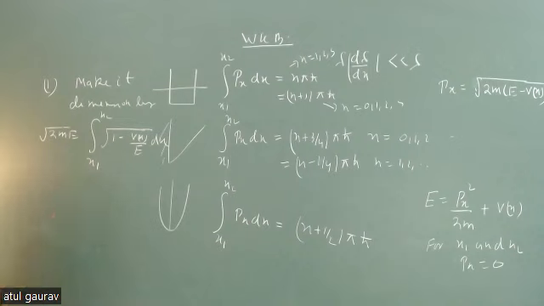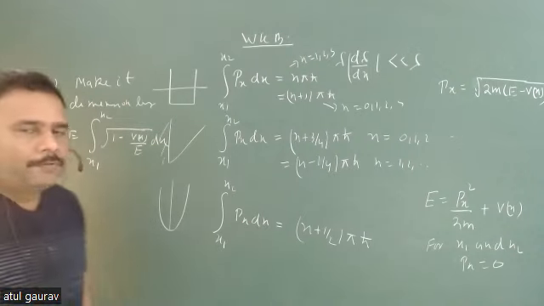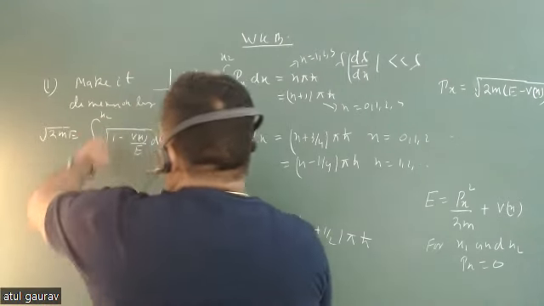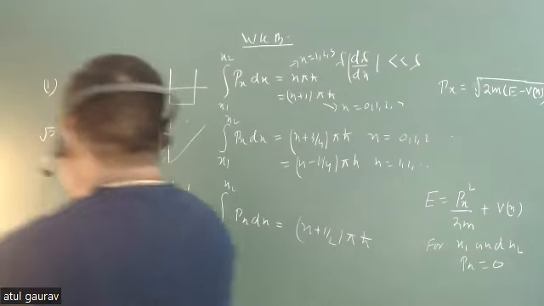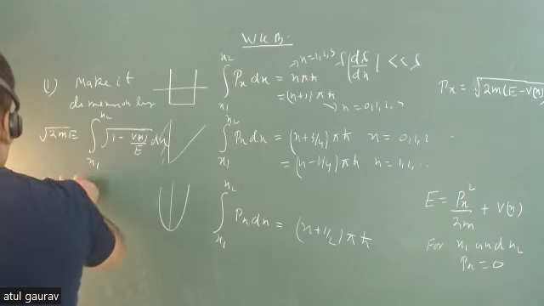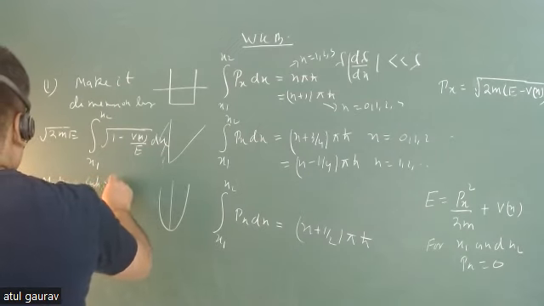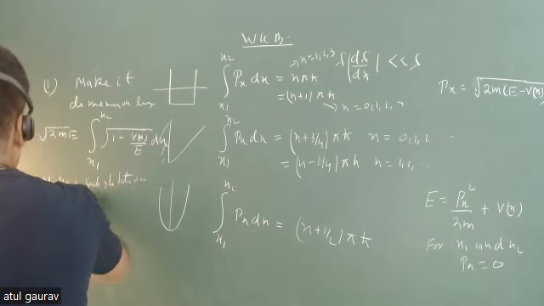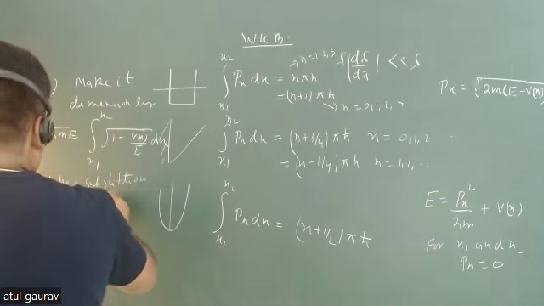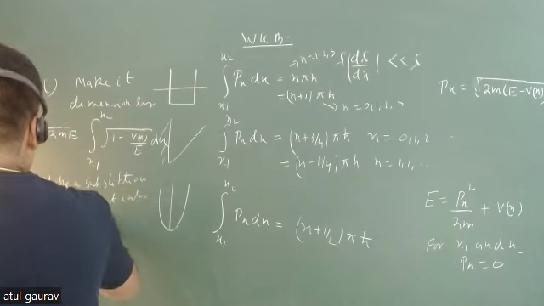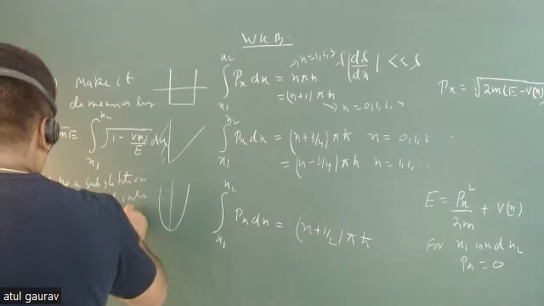And after then, if you are making it dimensionless, then as the second step, you have to make the provision such that your integration is between 0 to 1. So make a substitution such that integration is between 0 to 1.